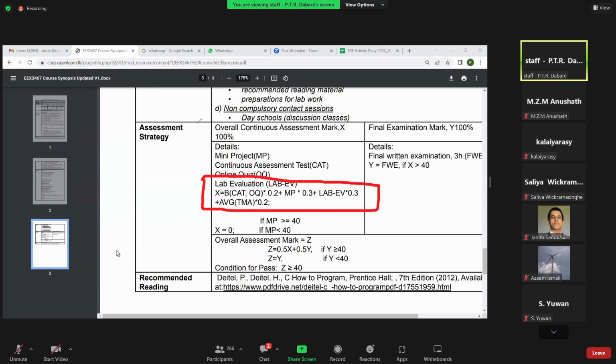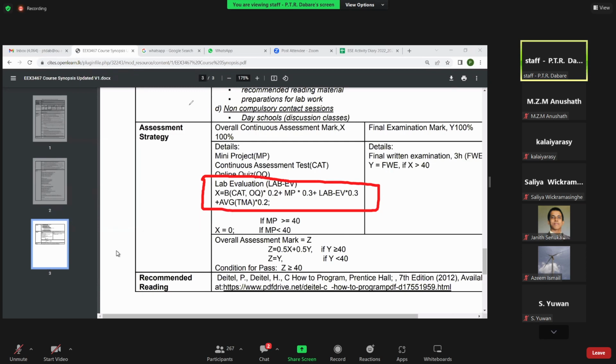Even if you miss one lab, that's fine, because it's the lab average. Even if you miss one TMA, if you do the other TMA very well, you might get good marks. It depends on how you perform. Even for the CAT, the best CAT is taken. So if you miss one CAT and you do the other CAT very well, you might get through.